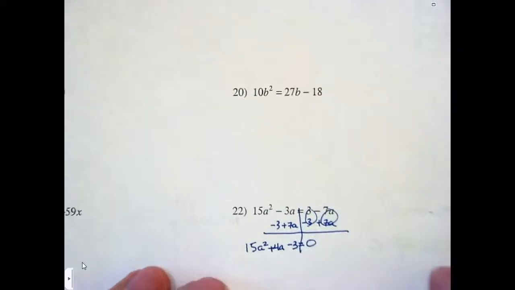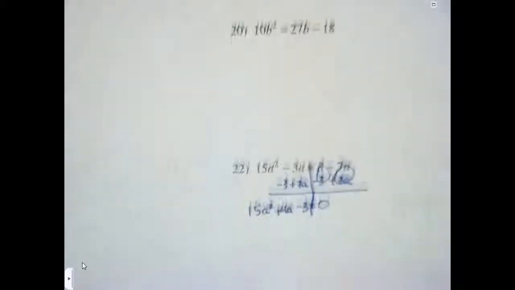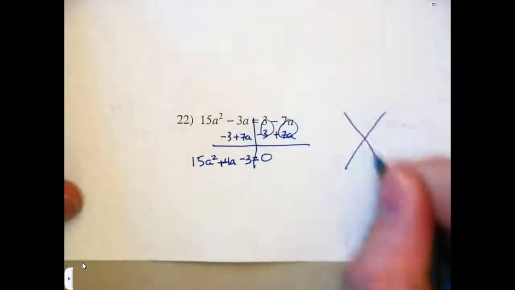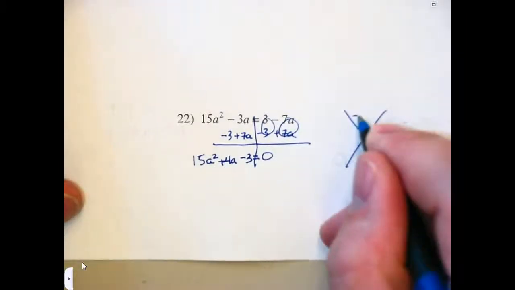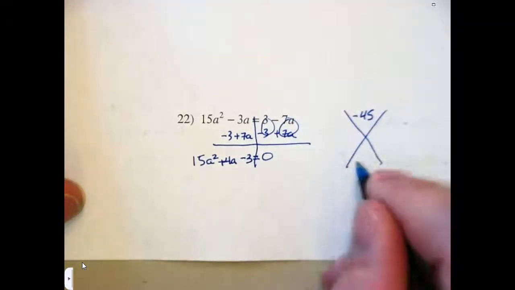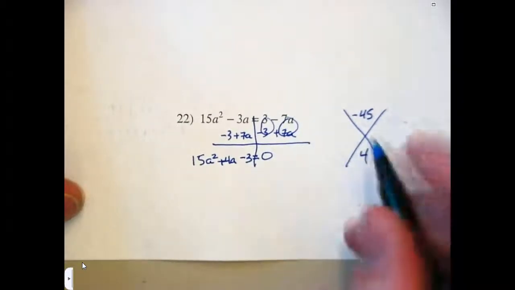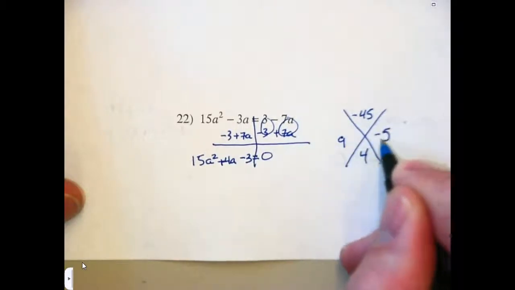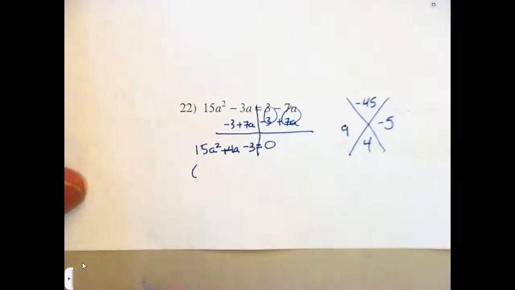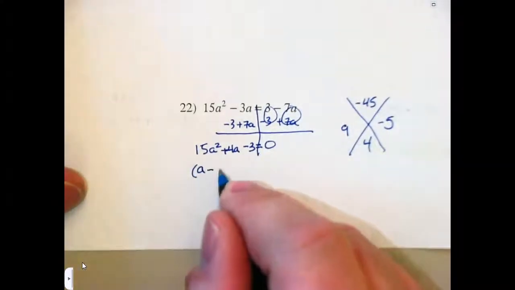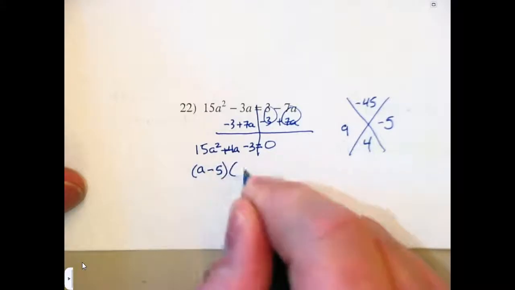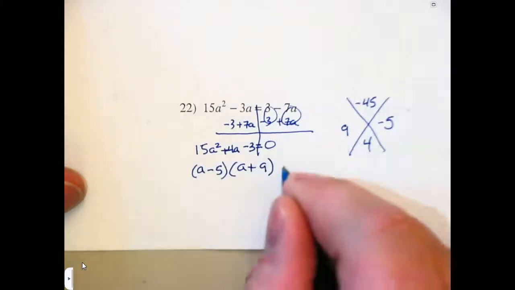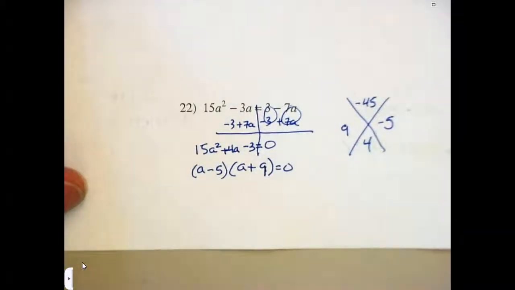So now you have that. Then divide by your A term.